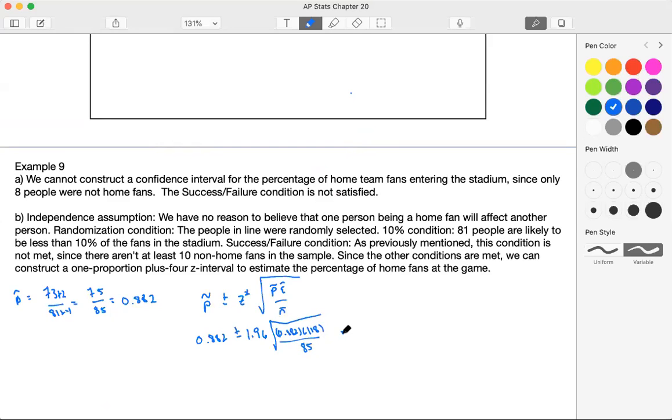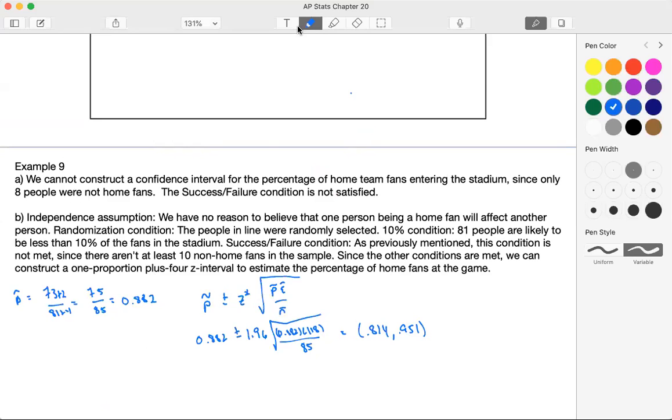And we should get somewhere around 0.814 to 0.951. Again, you could do this on a calculator by going to 1 proportion z interval, by going to stat, test, option A.